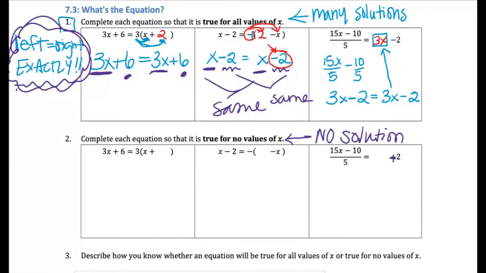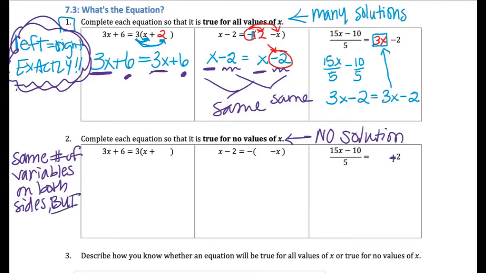So we have the same number of variables on both sides, but different amount of constants.